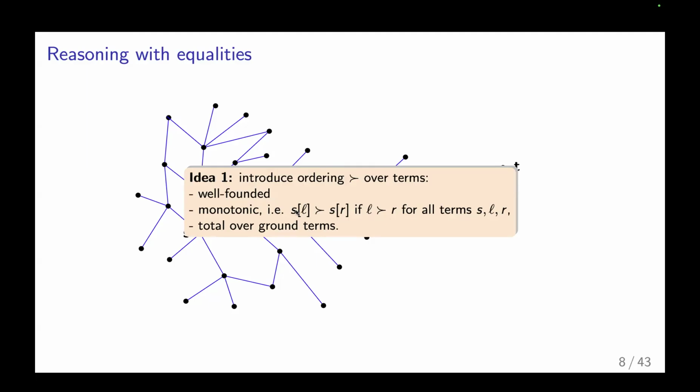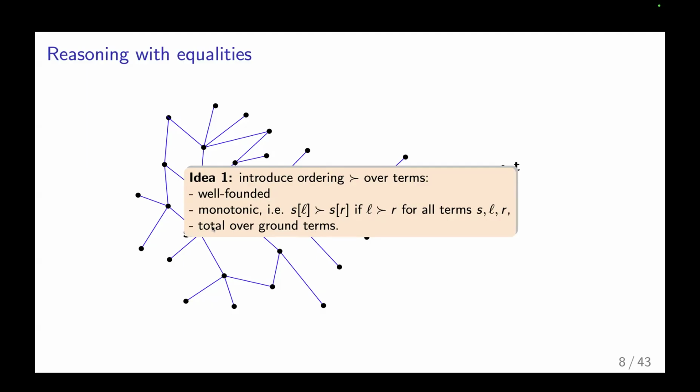This is a very natural property because when we are replacing things with ordered equalities, then we want these things to be also ordered in the same way. And we also want this ordering to be total over ground terms. This is also a very natural property, I think.